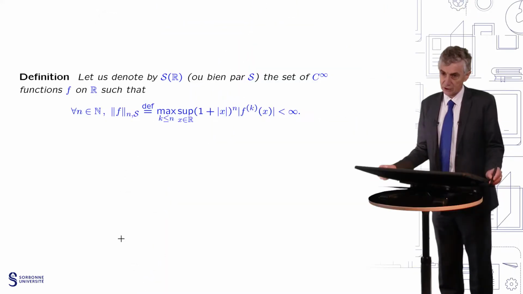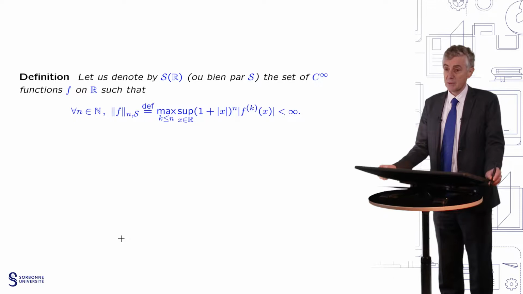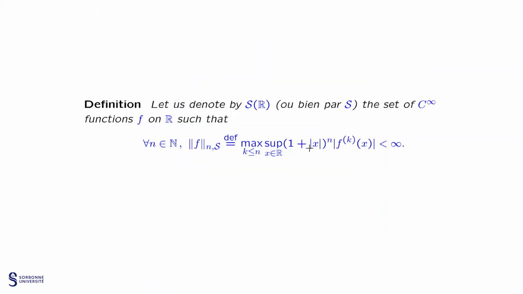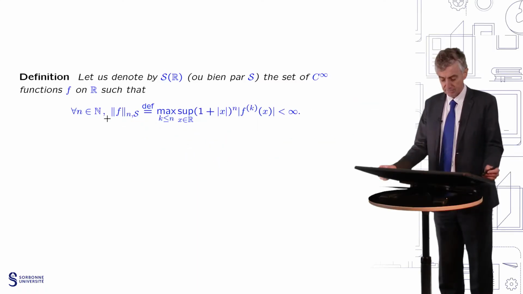This video is the second of two devoted to the definition and the exhibition of examples of tempered distributions. Let us recall briefly the definition of the space S of R, which is a space of smooth functions on R such that all the derivatives decay faster than any power of x, and this behavior is described by norms like this.